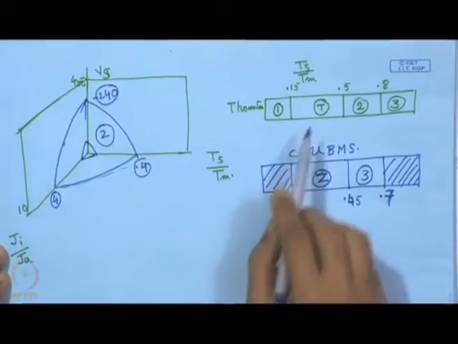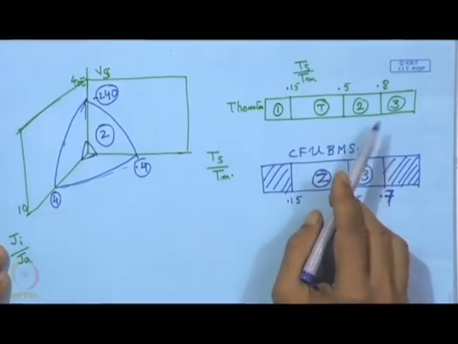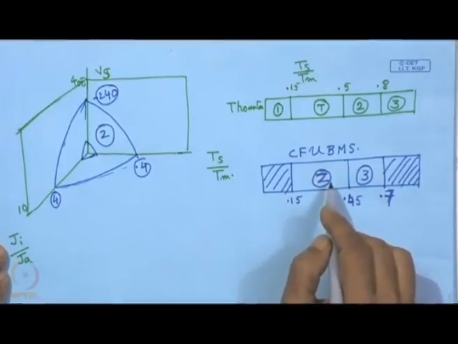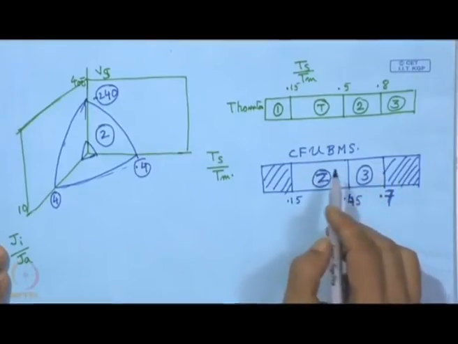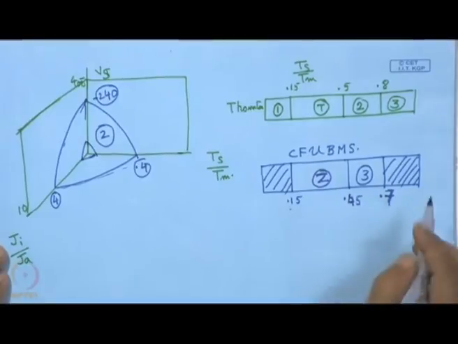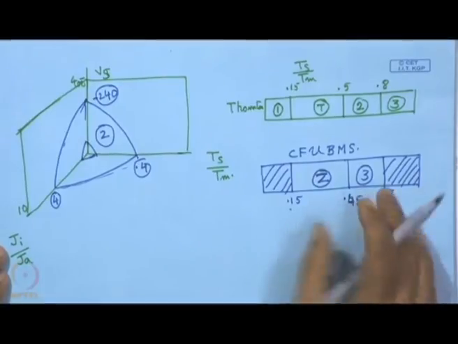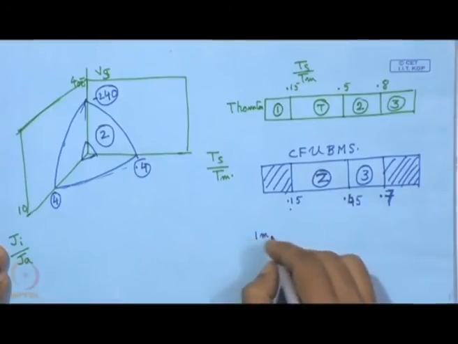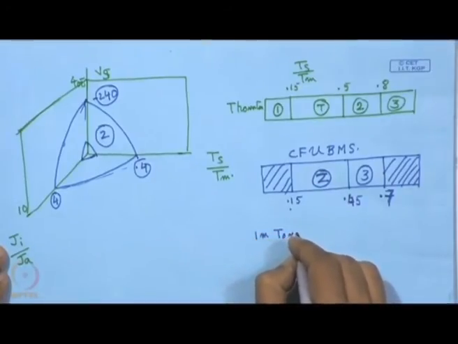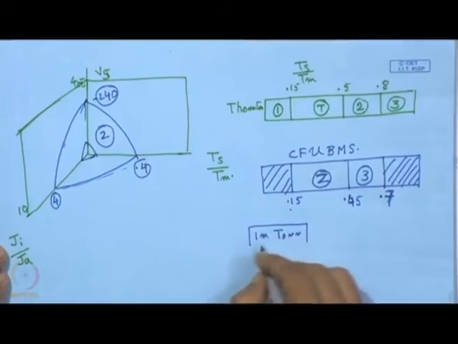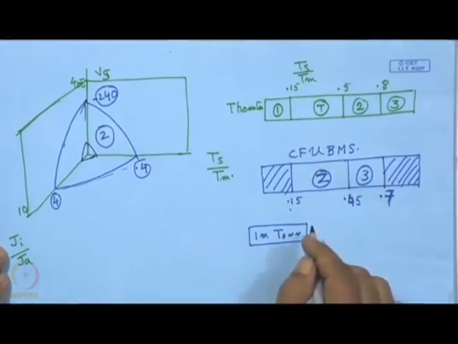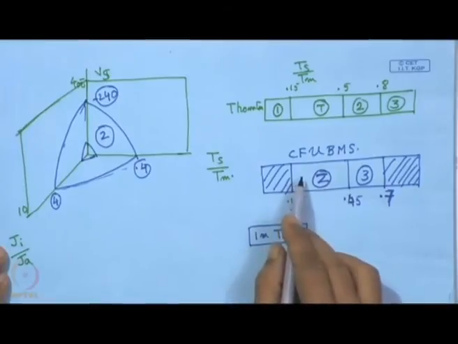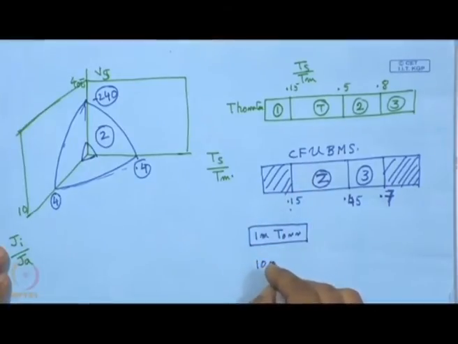So, what we find is that T is totally absent, and we get zone 2 directly, with 0.15 to 0.45 at this low temperature, and a pressure of just 1 millitorr can be sufficient to carry out that sputtering, which would have needed at least 10 millitorr had it been conventional magnetron sputtering.